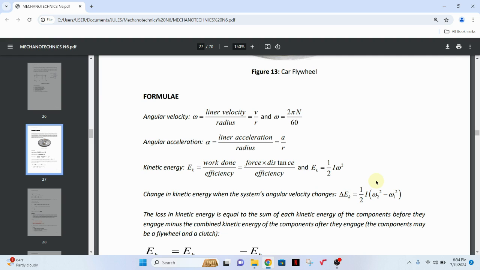The change in kinetic energy will be equal to the kinetic energy at the final velocity minus the kinetic energy at the initial velocity. If you want to write it here, you can write it like this: 1/2 I, and then you open the bracket. But if you want, you could write 1/2 I omega 2 squared minus 1/2 I omega 1 squared. So the change in kinetic energy of any system that is rotating is given by this.